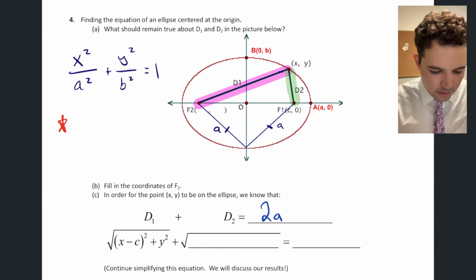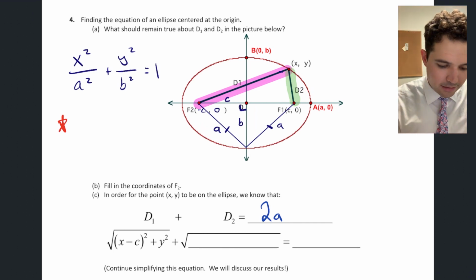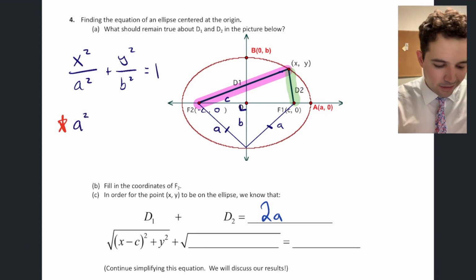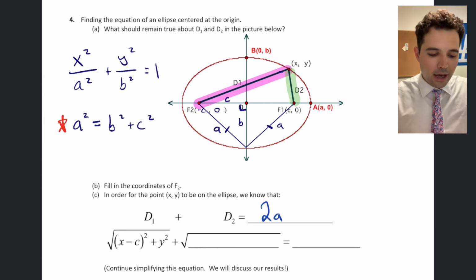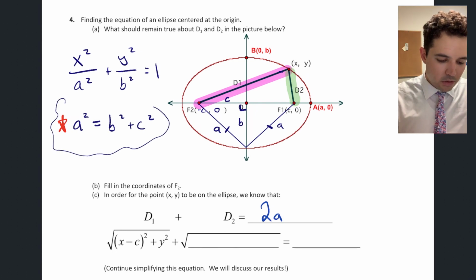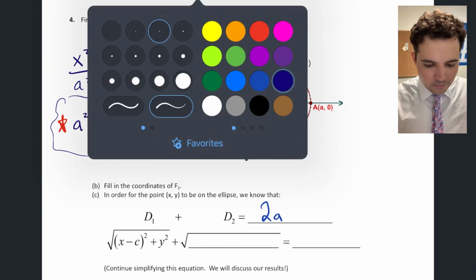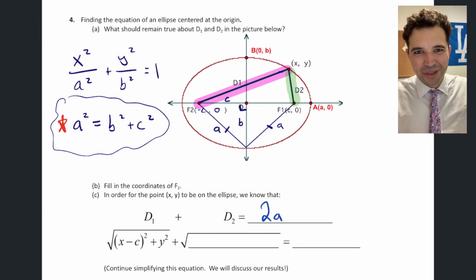And that helped us see this right triangle and the relationship between a, b, and that distance to our focus, c. And that's how we got the somewhat annoying inverse Pythagorean theorem that says that a squared is equal to b squared plus c squared. I want to keep this in mind because it'll be useful later on. How do I know it'll be useful? Because I've done this before.